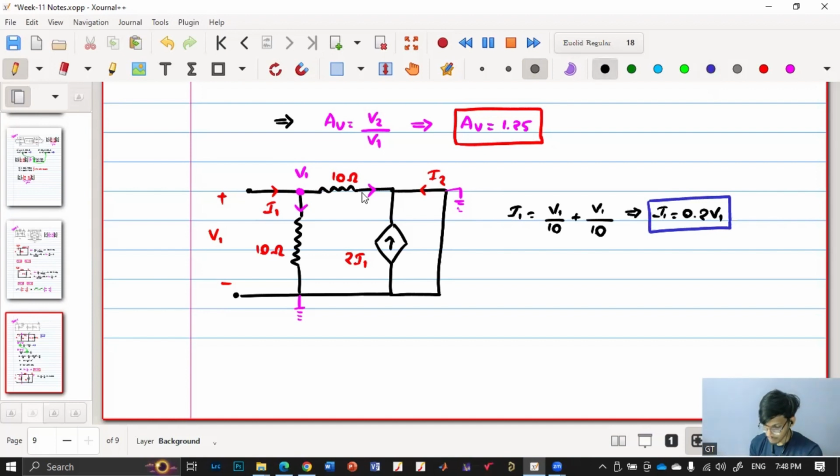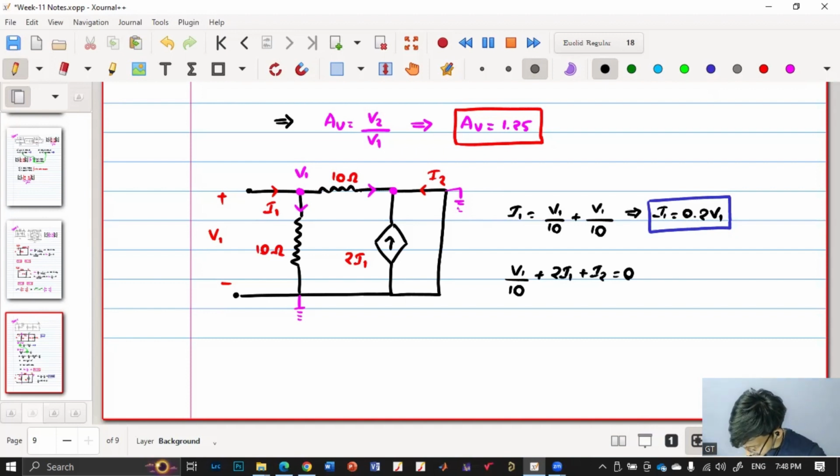Now, if we apply KCL at this node, then we will get V1/10 plus V1/10 plus 2I1 plus I2 is equal to 0. So 0.1 into V1, and V1 is 5 into I1.